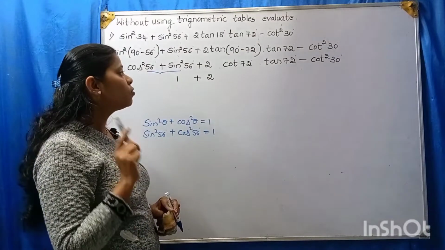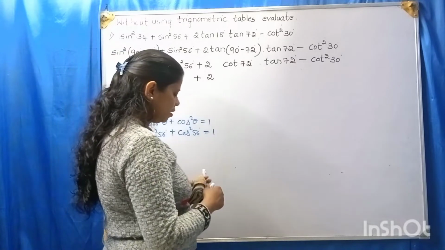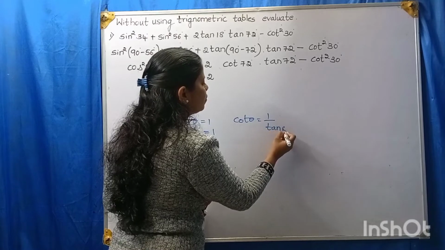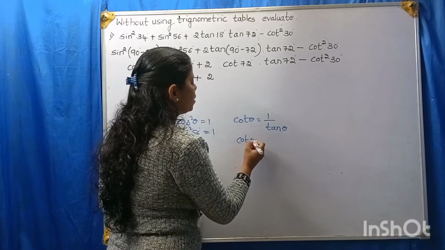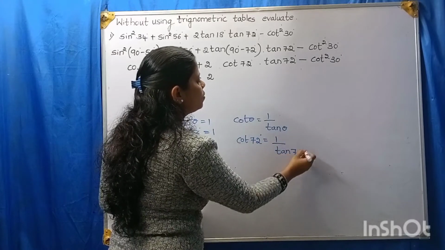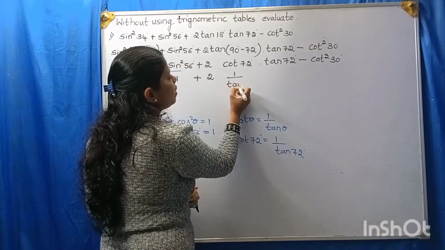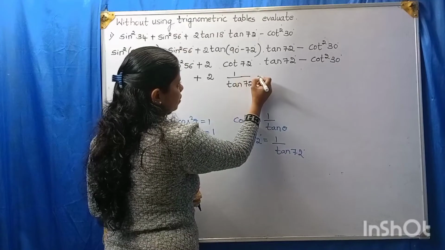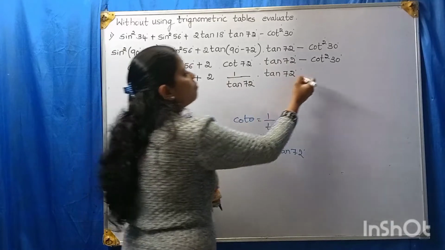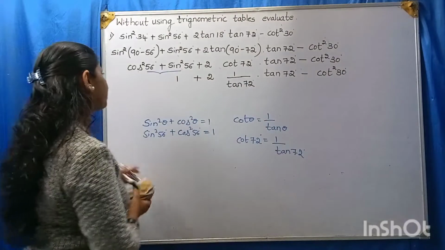We know that cot theta is the reciprocal of tan theta, right? It means cot theta we can write as 1 by tan theta. Here cot 72 degree, I will write it as 1 by tan 72 degree, into tan 72 degree, minus cot square 30 degree.